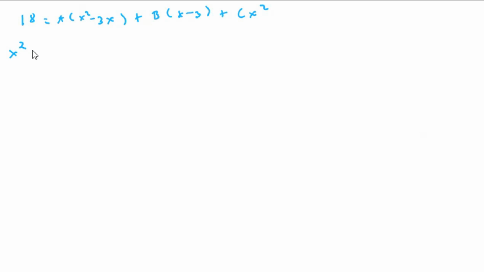The coefficient of x squared on the first term is A. On the second term, we don't have an x squared coefficient, but on the third term the coefficient of x squared is C. So A plus C is equal to the coefficient of x squared on the left side. On the left side we only have a constant, so I will write 0.